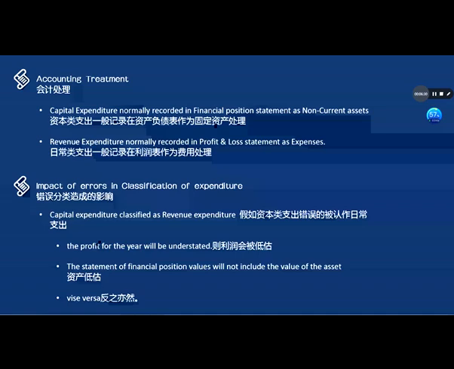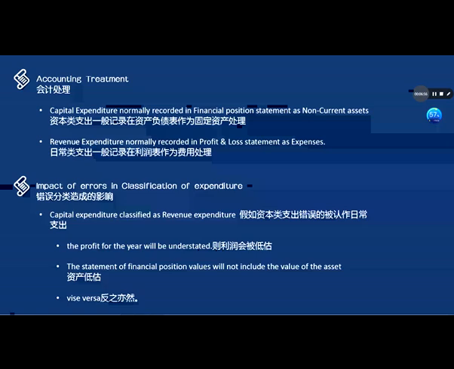So now let's have a look at the impact of errors in classification of expenditures. If we misclassify capital expenditure as revenue expenditure, what will happen? The day-to-day expenses will be higher than what actually happened, right? So the profit for the year will be less than what actually happened, so the profit for the year will be understated.